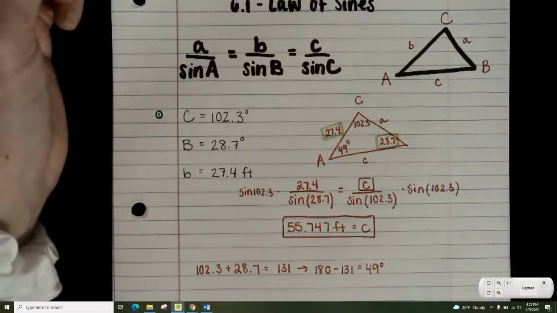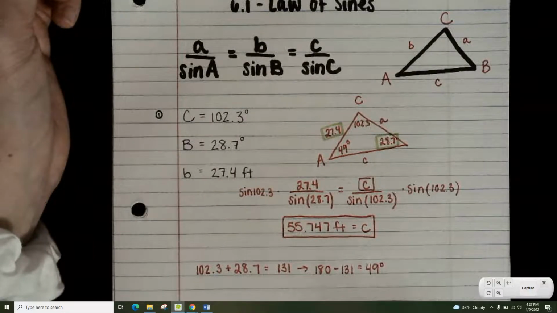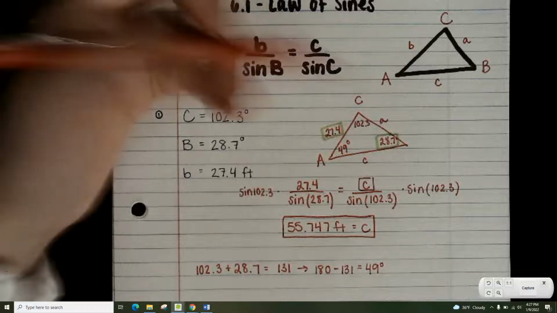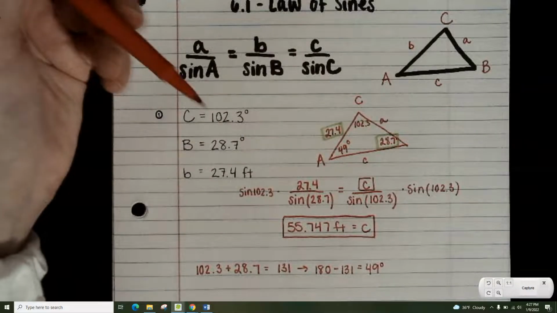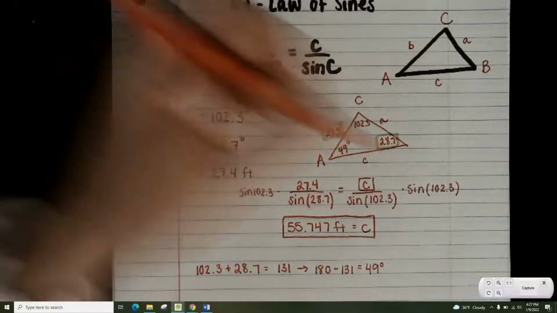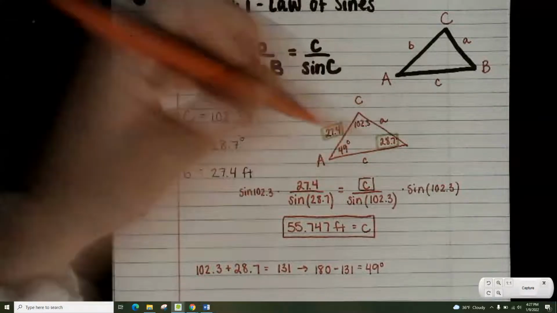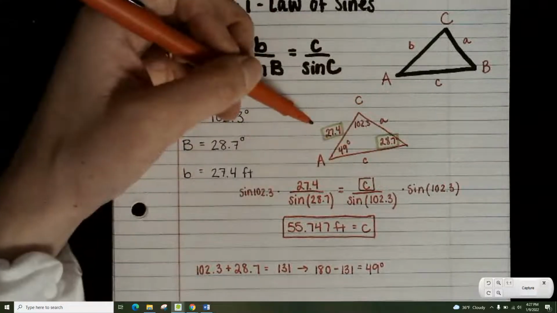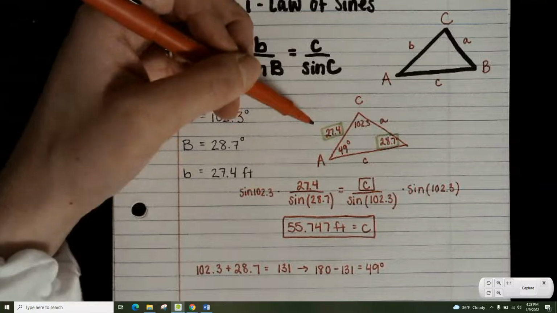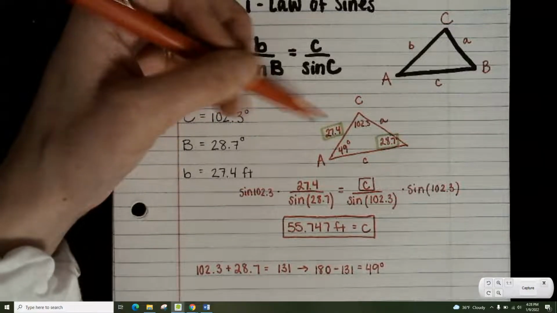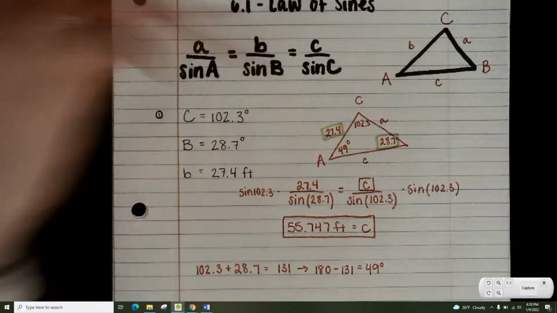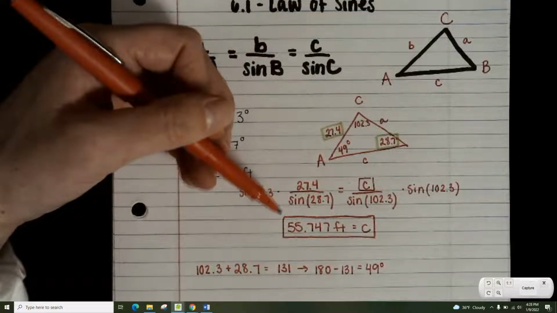Now I can use the law of sines again in order to solve for side length a. I'm still going to use b over sine B because these were given, and it's going to get me a more accurate answer if I use my given parts rather than just using what I just rounded.